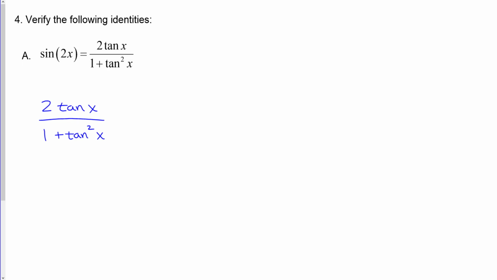Now, for 1 plus tangent squared, I know that that's related to secant squared, and it's probably something I can work with, but a lot of times I don't remember that particular identity right offhand. But one thing I do recall is that sine squared x plus cosine squared x is equal to 1.